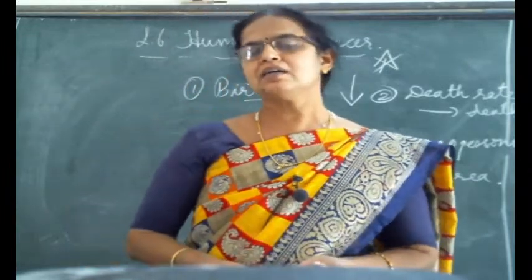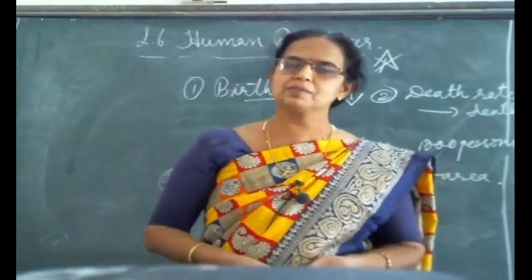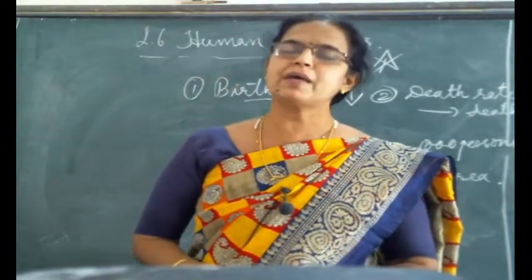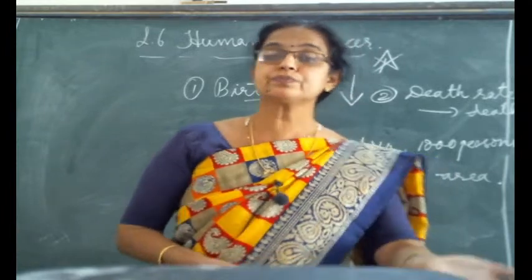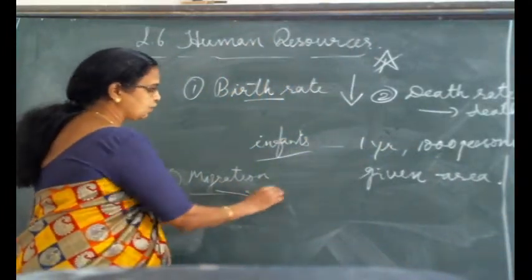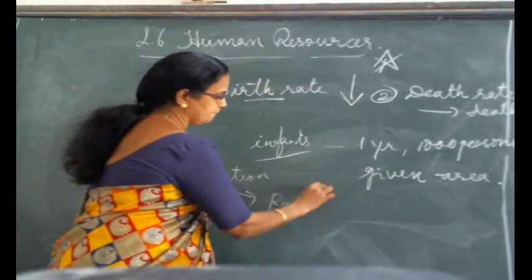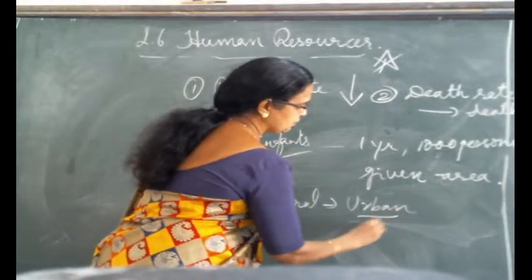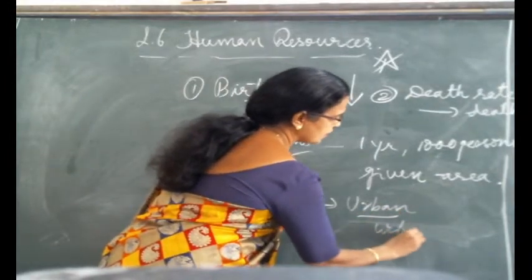All these things are more easily accessible in city areas than village areas. So migration takes place from rural to urban areas, village to cities. This word we can use, this is known as urbanization.